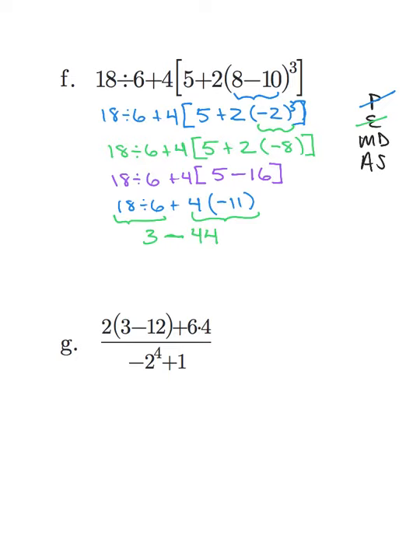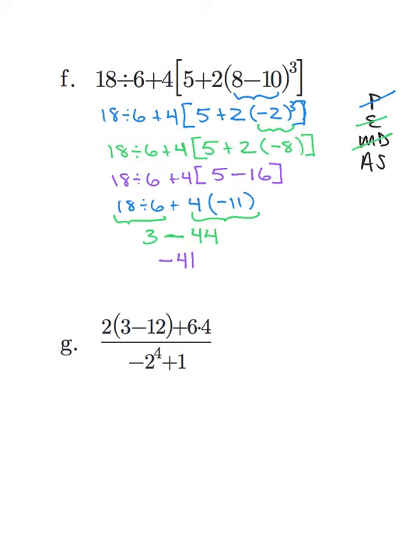We can now go ahead and do our additions and subtractions. We get 3 minus 44 is negative 41. Again, you have a positive 3 and a negative 44. We want to subtract, keep the sign of the larger number. And that finishes off the problem.